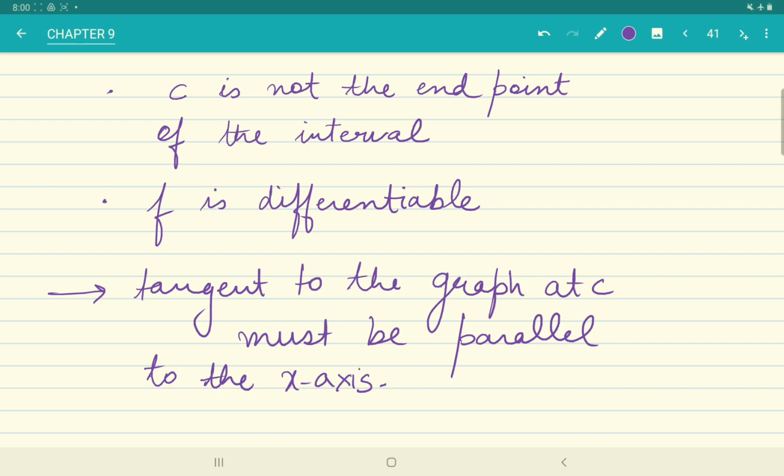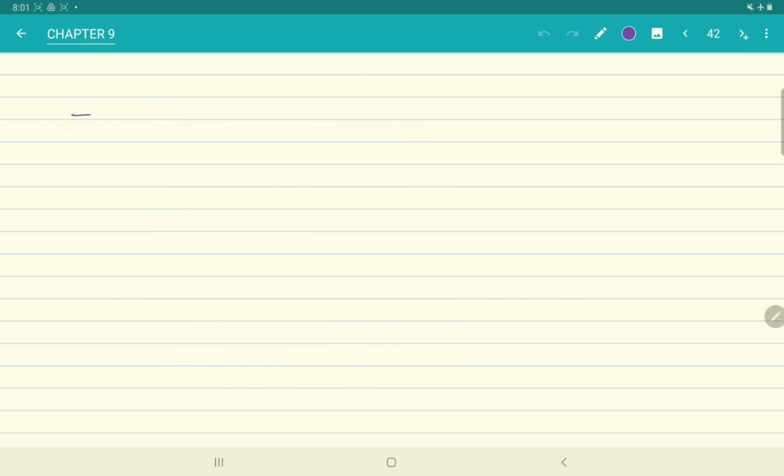The first derivative of the function evaluated at that point C is equal to 0, because the slope of the tangent to the graph at that point is 0. So if C is not the endpoint of the interval, and also f is differentiable, that just means that the tangent to the graph at C must be parallel to the x-axis, and that just implies that C has to be a stationary point.